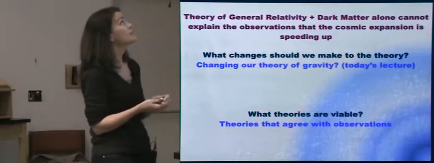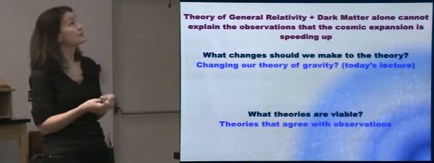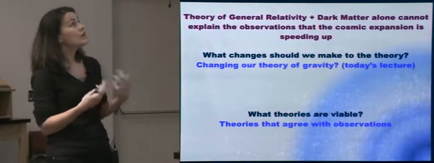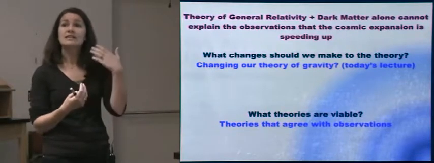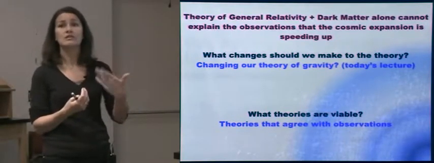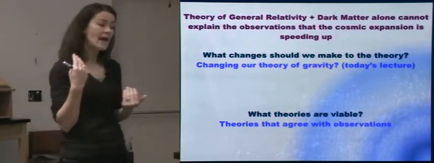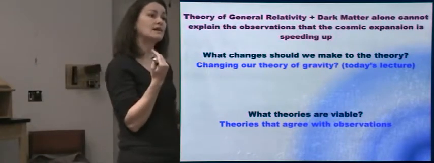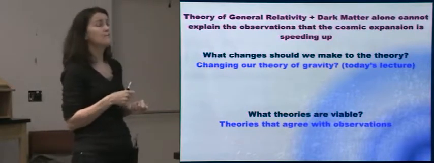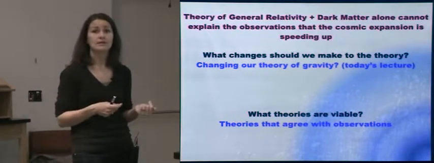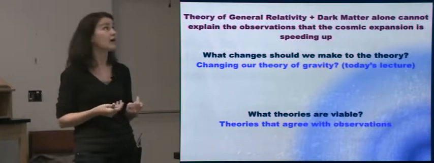Those two alone cannot explain the observations of the cosmic expansion. And we looked at this idea of, well, what changes do we need to make to our theory? We looked at the idea of adding an extra component to the universe. So this represents adding something in to the right-hand side of Einstein's equation. But you could also look at, well, what if I modify the left-hand side of Einstein's equation?